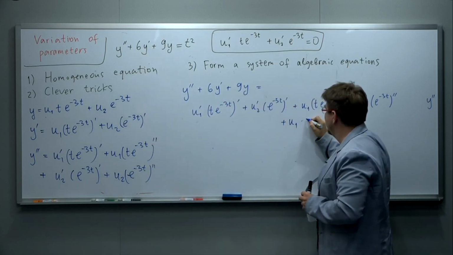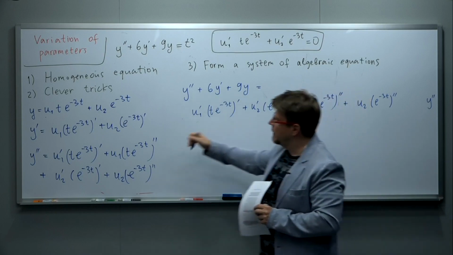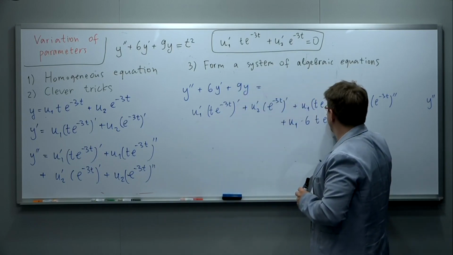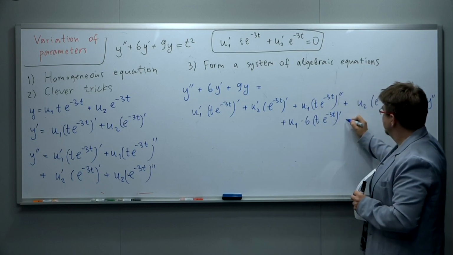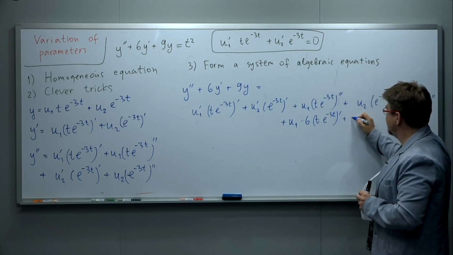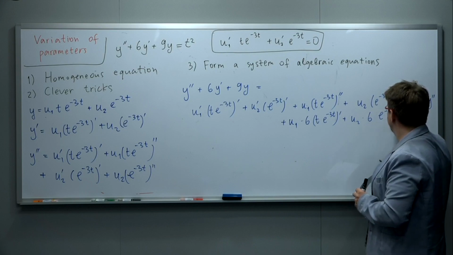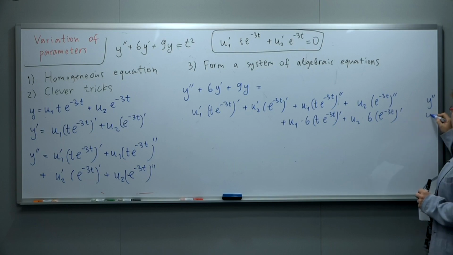So I'm going to write it now, 6, and now I'm just copying this, (t e to the minus 3t) prime, and plus, of course, in the same way, I'm going to have u2 times 6 (e to the minus 3t) prime here. And so this is my y prime.